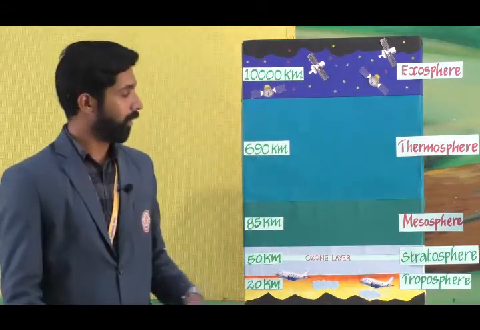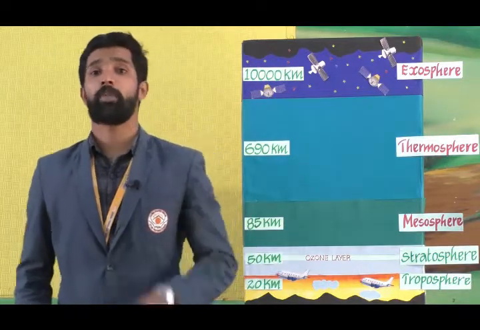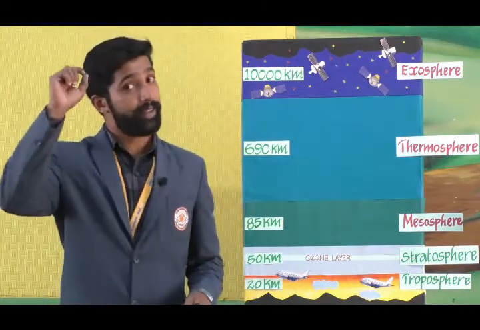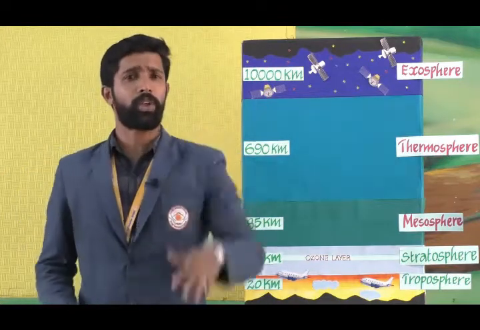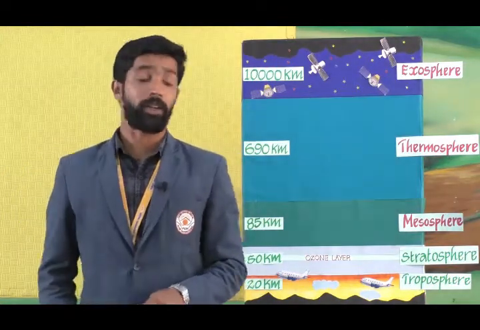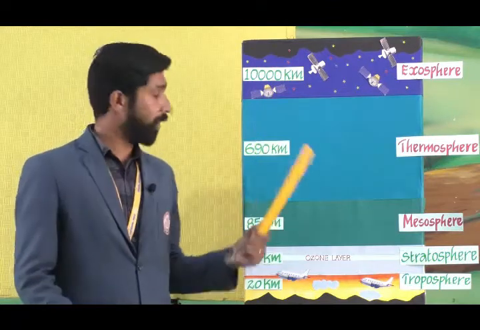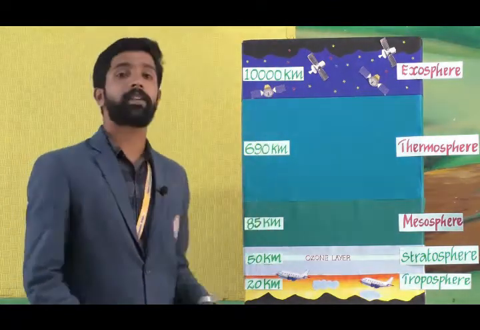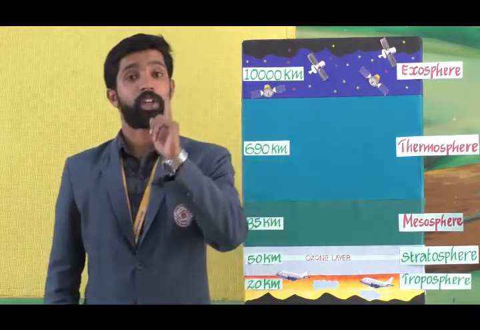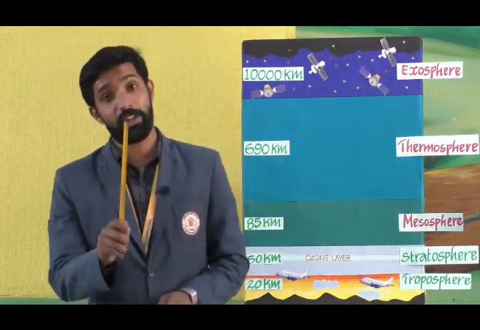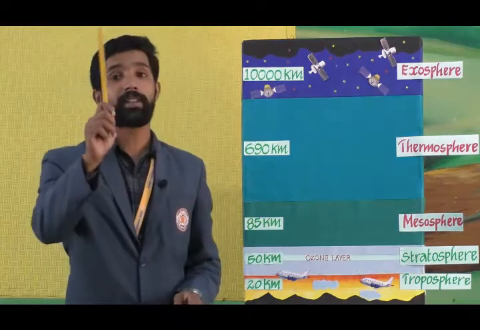The fourth layer of our atmosphere. This layer lies above the mesosphere and it extends up to a height of about 450 kilometers to 690 kilometers. Here temperature increases rapidly with increasing height.